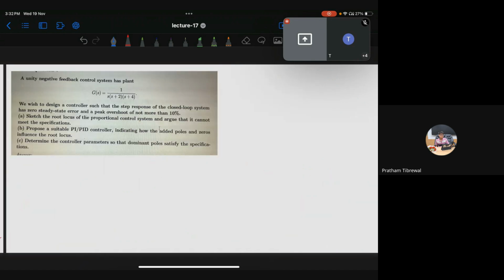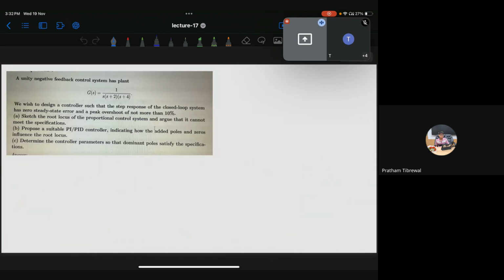So we are designing for a faster response, and we don't want to compromise on the overshoot either. Overshoot less than or equal to 10%.